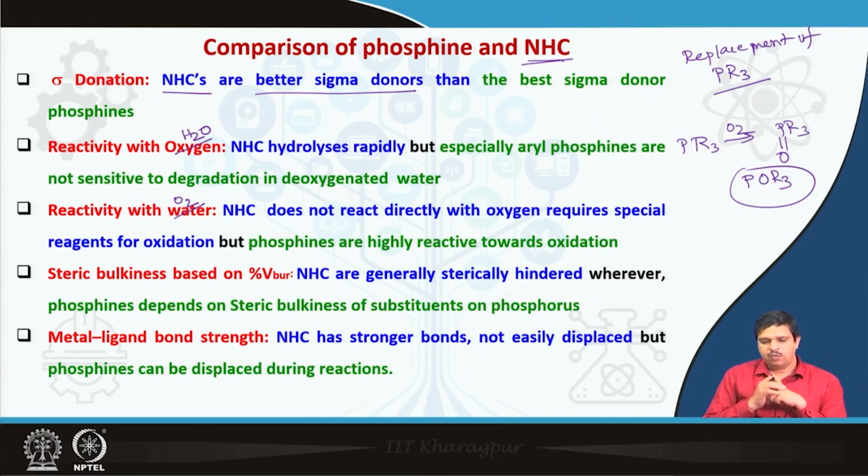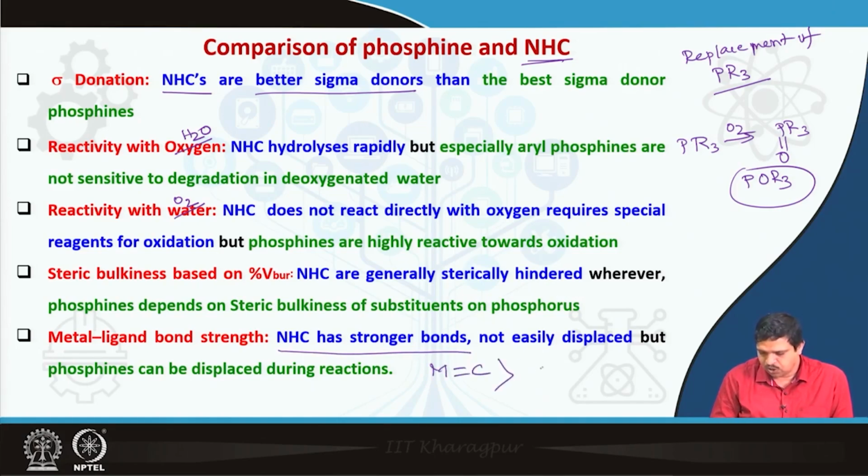So considering steric hindrance, NHCs are more sterically demanding compared to phosphines, because in phosphines, if you recall the Tolman cone angle, which quantifies the steric bulkiness of the phosphine, you can tune very nicely. If you need a less sterically demanding phosphine, you can take smaller R groups, and if you need a bulkier one, you can choose accordingly. And in N-heterocyclic units you have stronger metal-carbon bonds.